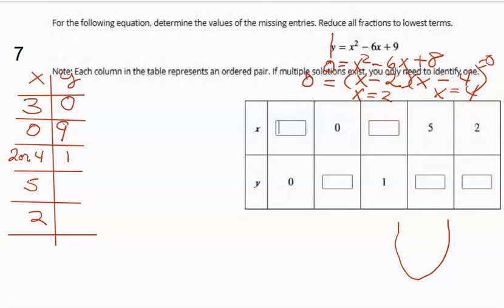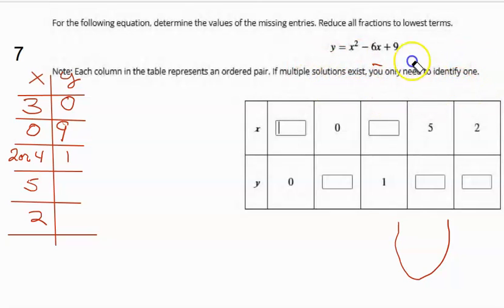Okay, so the next few are kind of easy. Let's clear this up again here, because now we're going to replace our x with a 5. So it's going to be y equals 5 squared minus 6 times 5 plus 9.